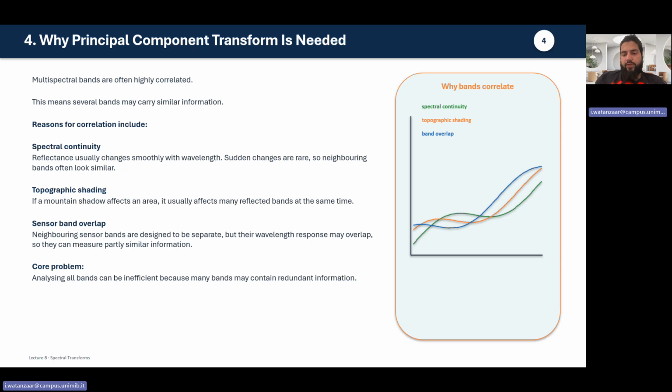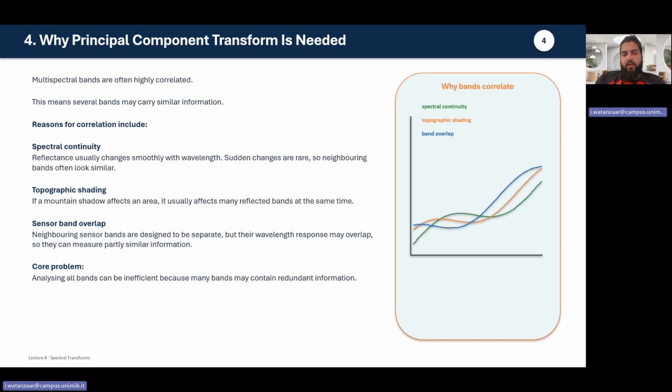In topographic shading, suppose a mountain casts shadows over an area. This usually affects many reflected bands at the same time, so all of the bands will have similar information, and from all of them maybe only one or two bands are required. Otherwise, should we skip or ignore them? Another factor is sensor band overlap. Neighboring sensor bands are designed to be separate, but their wavelength responses may overlap.